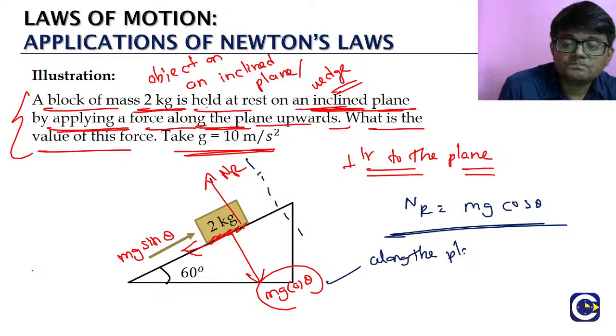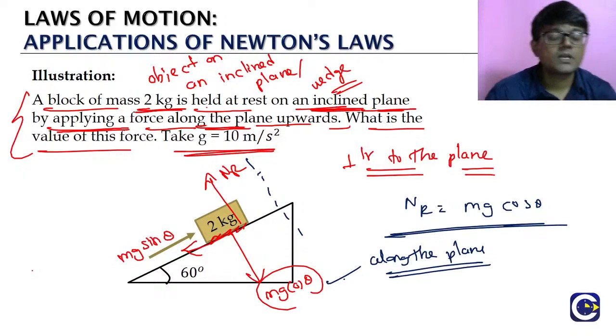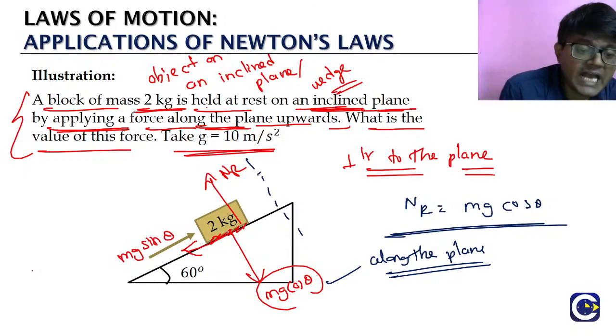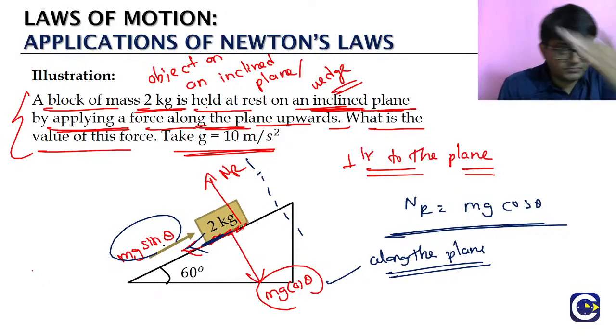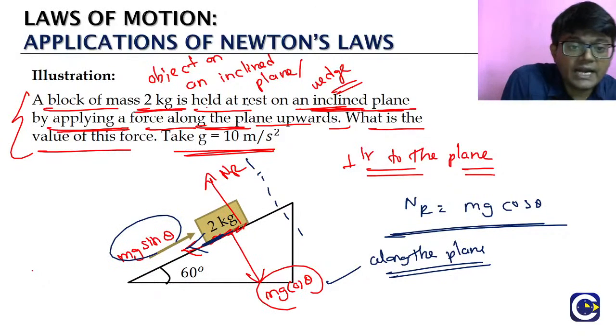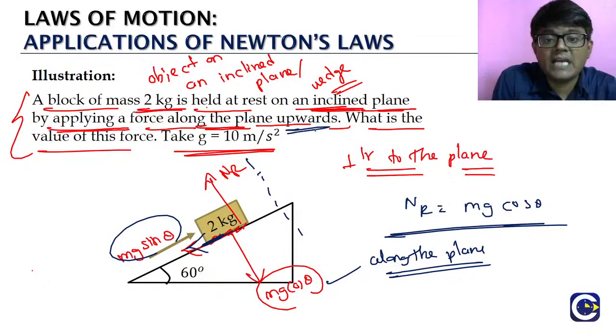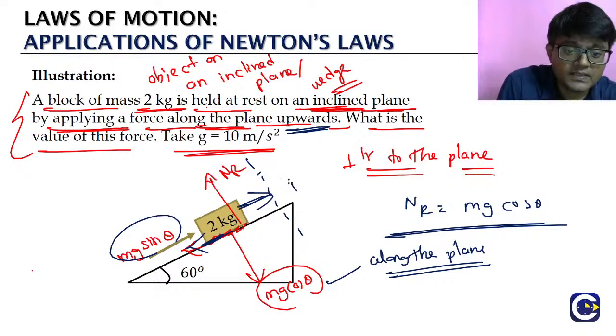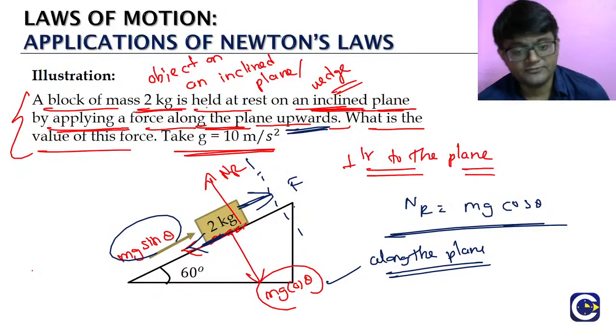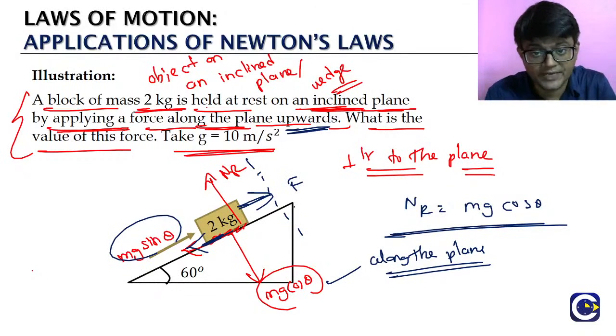Now what about along the plane? Along the plane we have a component of the weight, mg sin theta, downwards along the plane. And there is a force that you are applying along the plane upwards. Let us call the force F. This is what we are supposed to find.